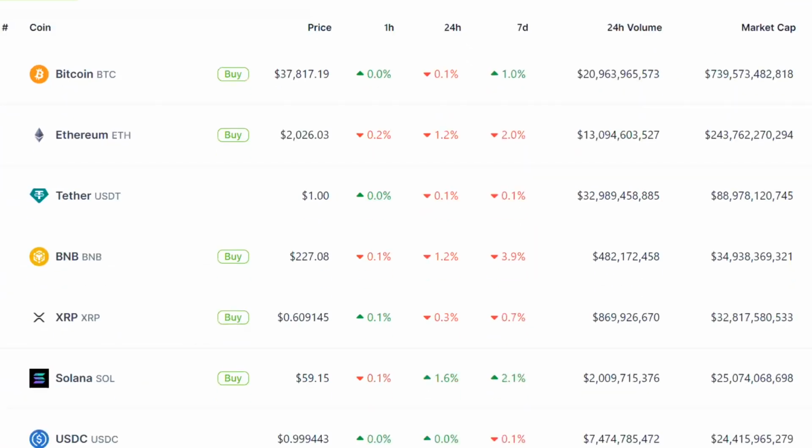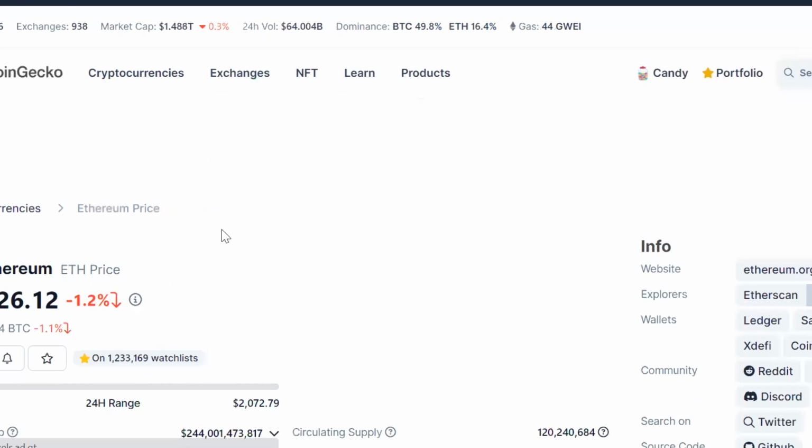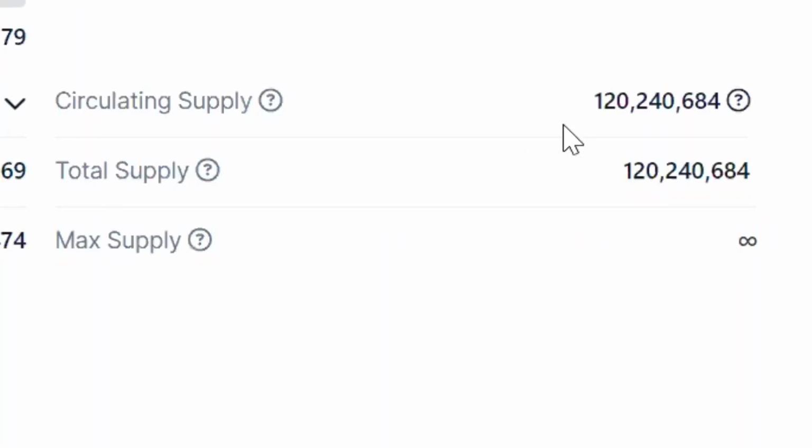So what we have here, Ethereum, 243 billion, right? We'll look at what Ethereum has for coins. It's showing 120 million coins in circulating supply, a little less than what Celestia has, TIA. But again, it's got the infinity max supply. So that's Ethereum.